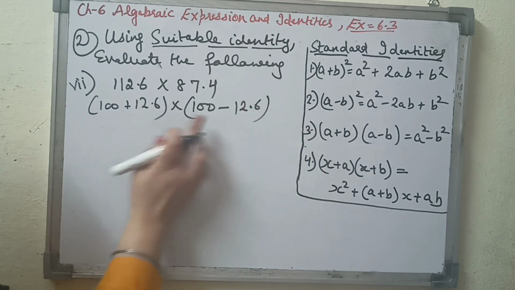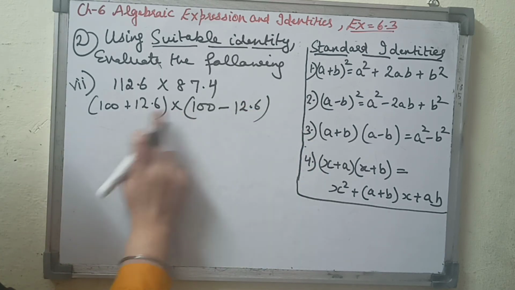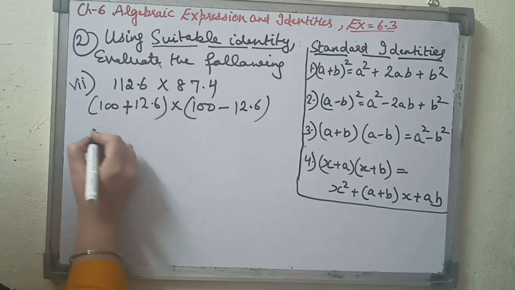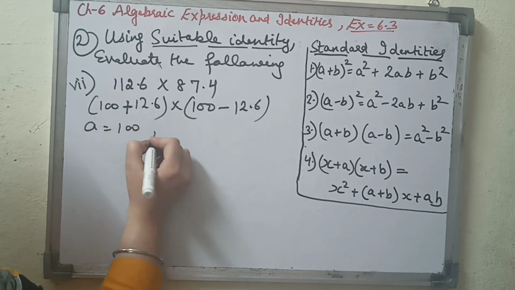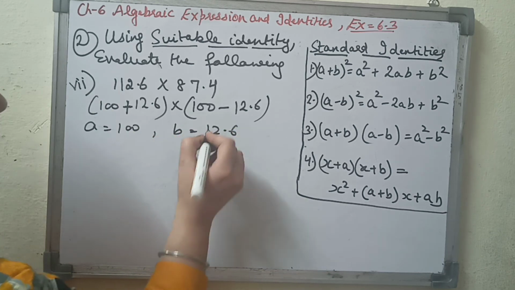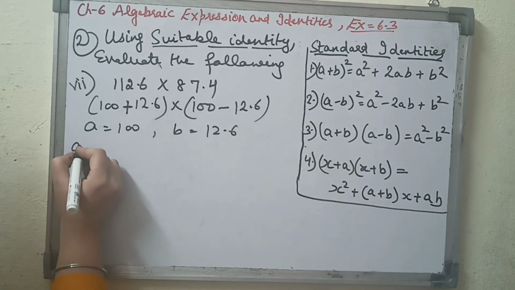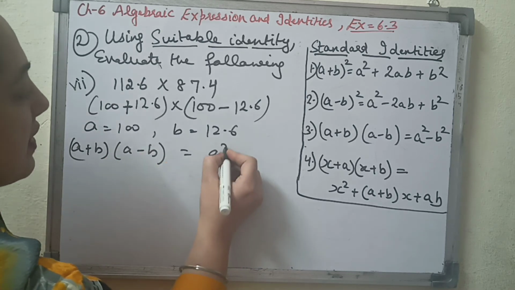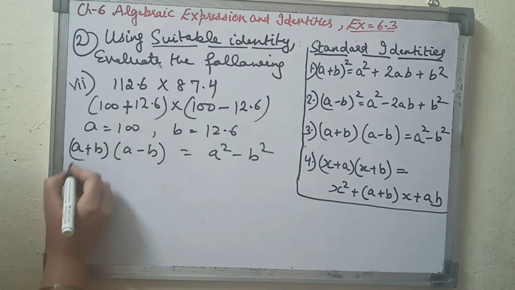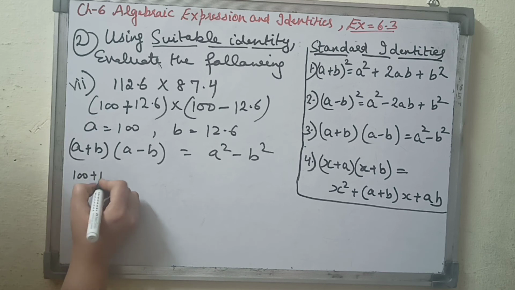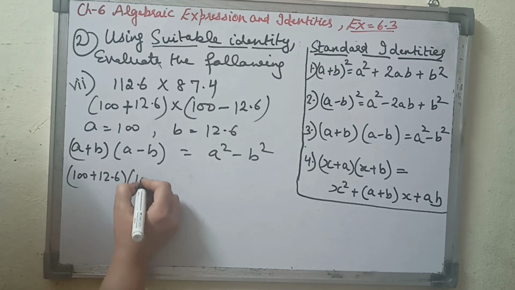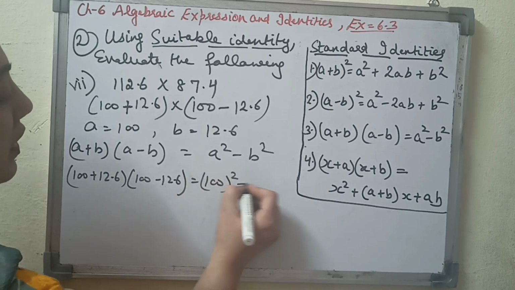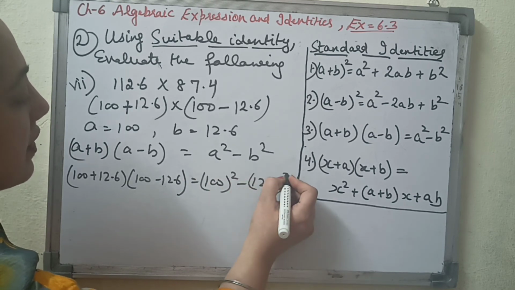Again first terms are the same, second terms are the same, but the difference is only the sign. So a is 100 and b is 12.6. Use the third identity, (a plus b)(a minus b) is a square minus b square. Now write down 100 plus 12.6, 100 minus 12.6, it is 100 square minus 12.6 square.